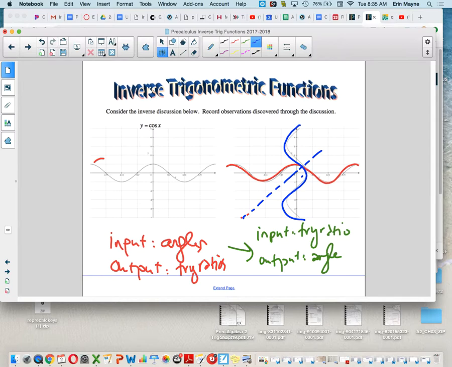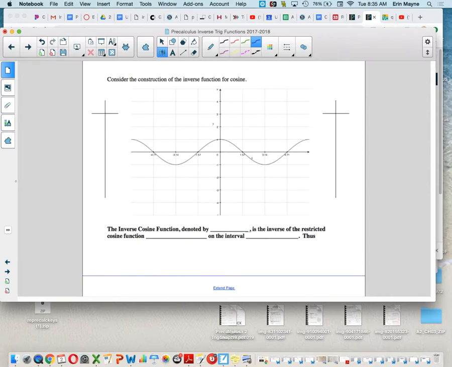Okay? So what we need to do is follow similar steps to create an inverse that is a function, to make sure I include all the values of the range, to include that first quadrant. So we're going to start to look at sections of cosine. I'm going to ask you in a minute to talk with your partner close by.